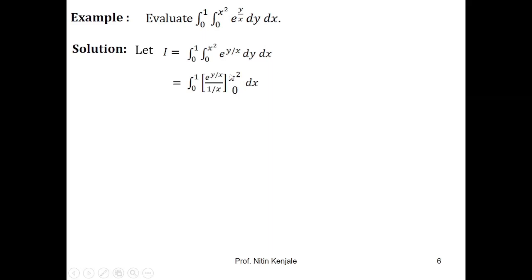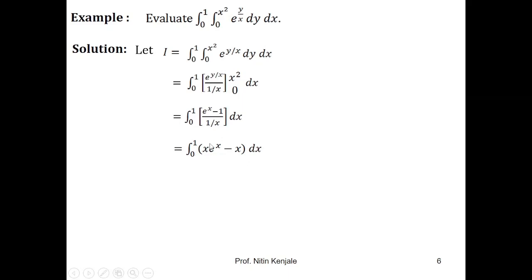So when I substitute x square in y, we are left with e raised to x upon 1 by x minus, when I substitute 0 in y, we have e raised to 0, that is 1 upon 1 by x. Simplifying which, we have x e raised to x minus x as an integrand to outside integral.